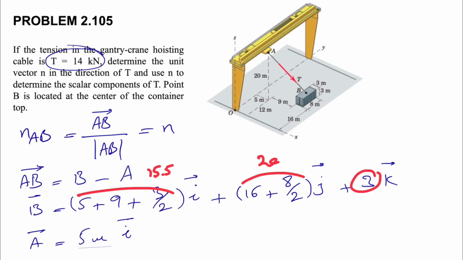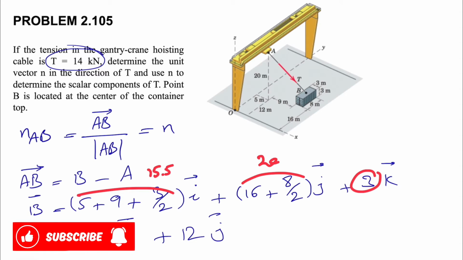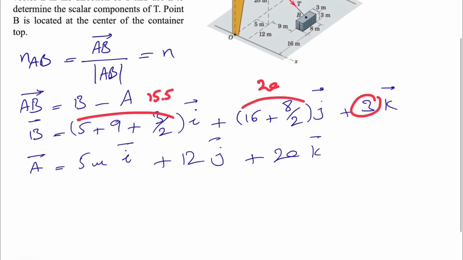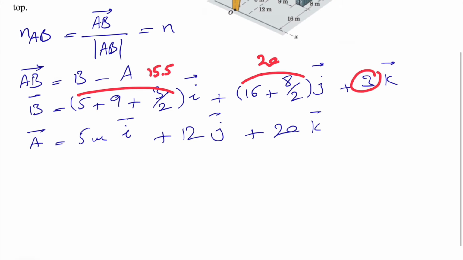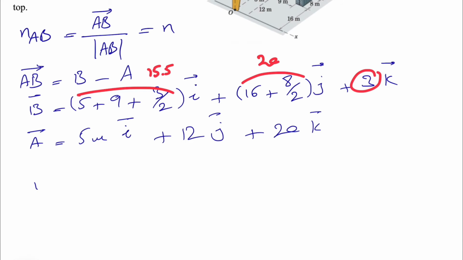If we look at the Y component, we'll see that the Y component will be simply 12 for point A, and for Z we simply have 20 meter. Okay, and all of them are positive.